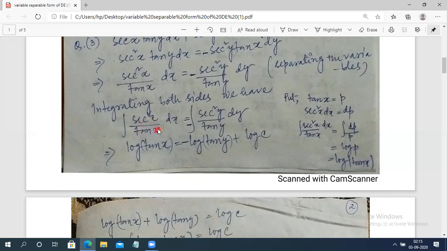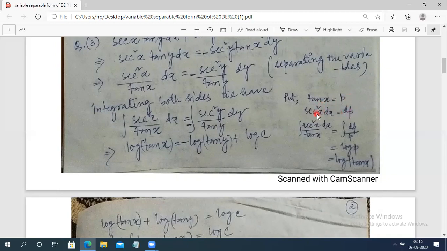if we apply the method of substitution over here, then you can see that in terms of tan x, you can substitute a new variable p. Then if we differentiate tan x, we will get sec square x. Differentiating both sides with respect to x, it will be sec square x and it will be dp by dx.